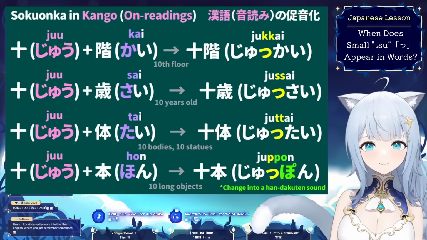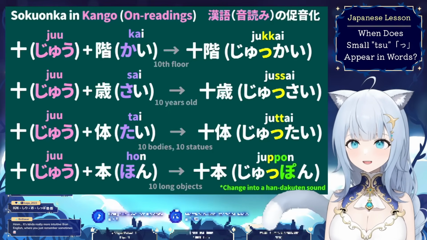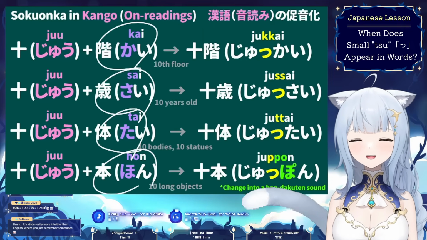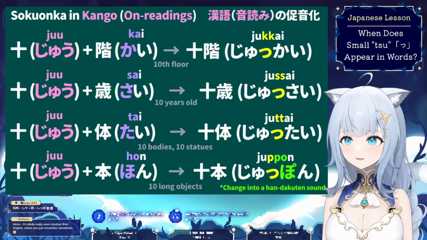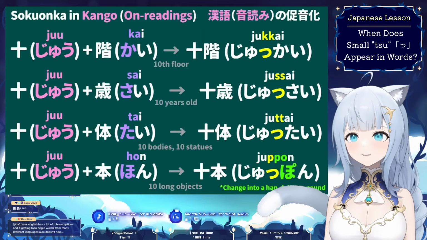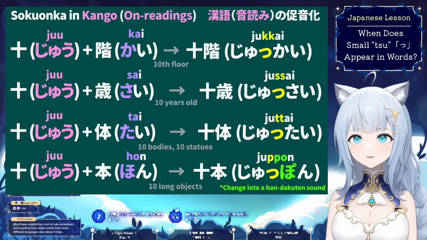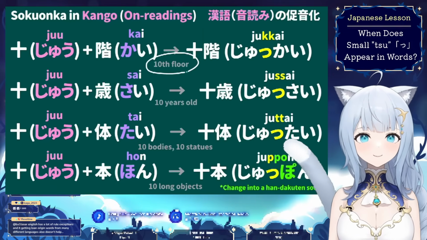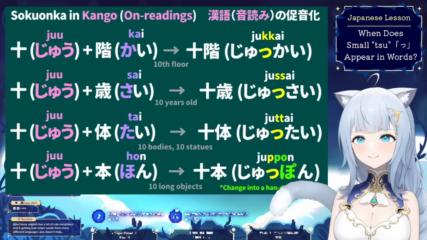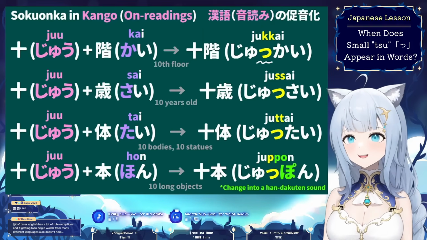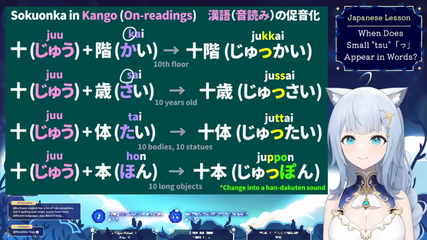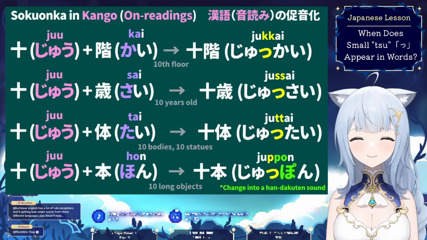And the next one, ju. Ju means ten. Kai, sai, tai, hon are counter words. So ten something. The first one, ju plus kai. Kai means floor. So jukkai, tenth floor. It's not jukai. Small tsu. Ju plus K column, S column, T column, H column, sokuonka.